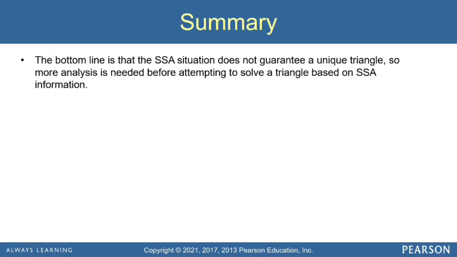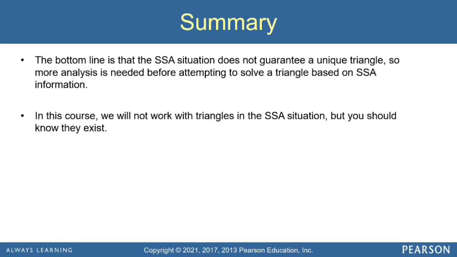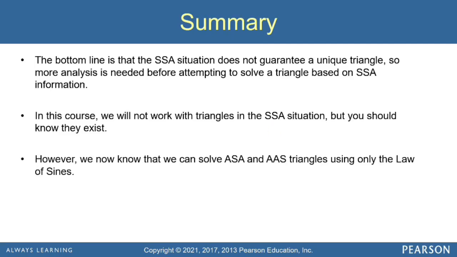Let's sum up. So the bottom line is that the SSA situation does not guarantee a unique triangle, so more analysis would be needed before attempting to solve a triangle based on SSA information. In this course, we will not work with any triangles in the SSA situation, but I did want you to know that they exist. And more importantly, we found out in this section that we can solve ASA and AAS triangles using only the law of sines.